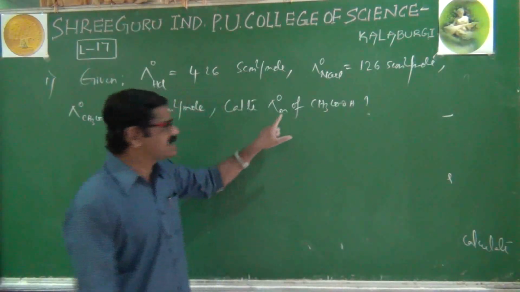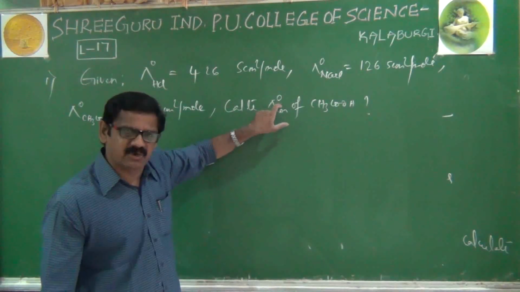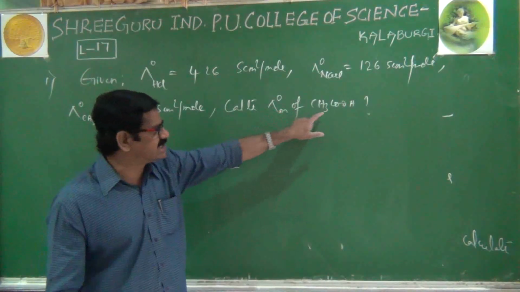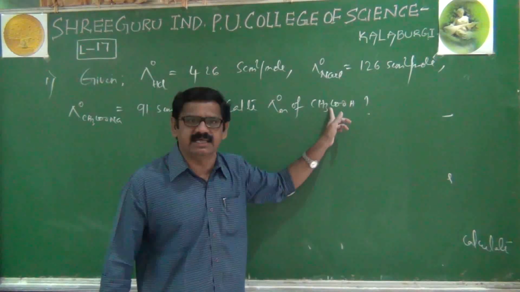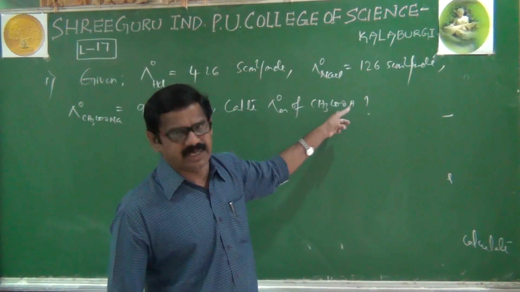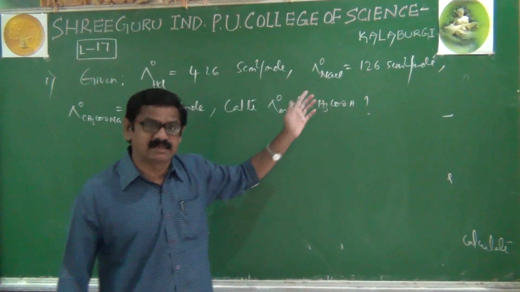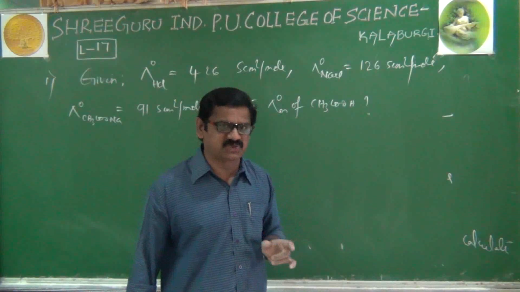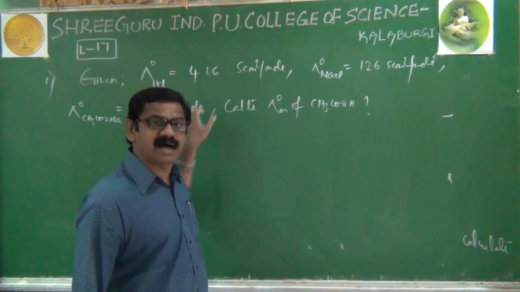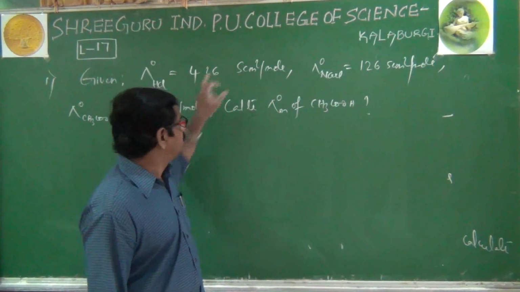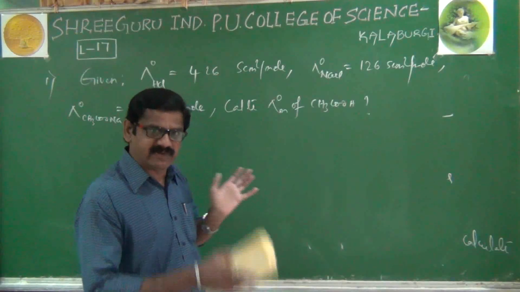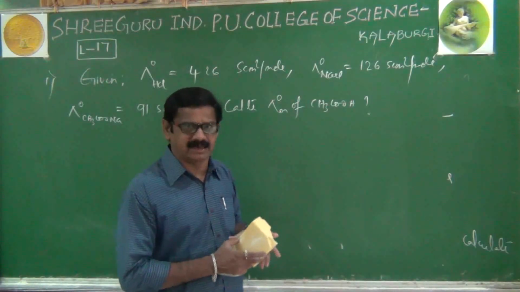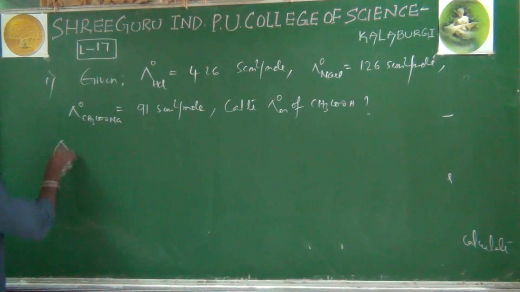But the question asks for the limiting molar conductance of acetic acid. Acetic acid is a weak electrolyte, and for a weak electrolyte we cannot calculate it from graphical study. That's why we have to use these three strong electrolytes, arranged in a systematic manner. We'll see its solution.